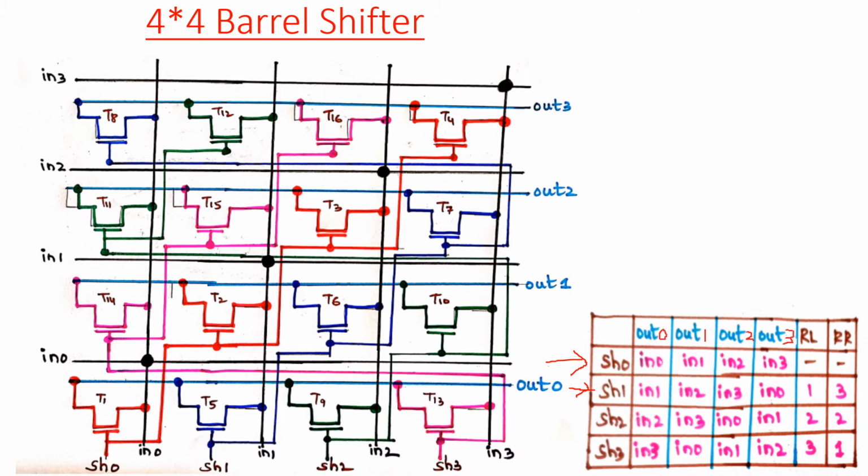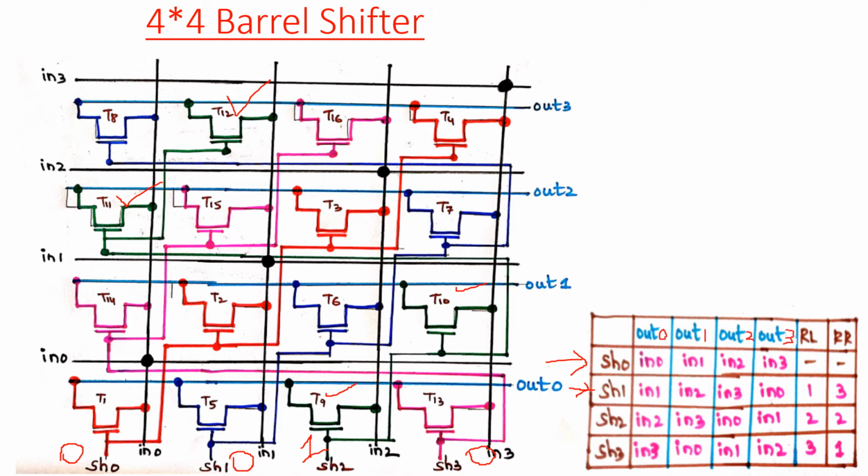Similarly, if SH2 is 1 and all others are 0, T9, T10, T11 and T12 transistors are on. The transistors in green color, all these will be in the on state. Since T9 is on, input 2 is available on output 0.